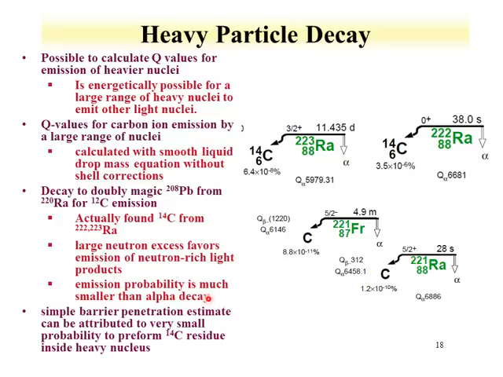Now, this emission probability, if you look at the table of the isotope data, is extremely small compared to alpha emission. The barrier model that we discussed, however, can be applied, except the only difference between alpha particles and carbon nuclei would be their mass. Also, the probability of the preformation of a carbon-14 residual inside of a heavy nucleus is also small. So that's why we get very small probabilities.